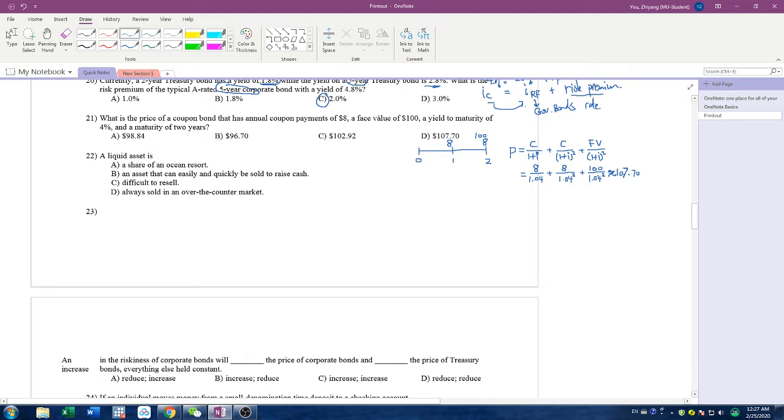So basically, if all the options are far away from each other, with a huge gap in between, we can roughly guess whether this answer is correct. If the price is 107, then it is about 108, right? So basically, I invested 108, and in total, I got 116 back. So in 2 years I'm making $8, and you divide it by 2, that's roughly 4%.